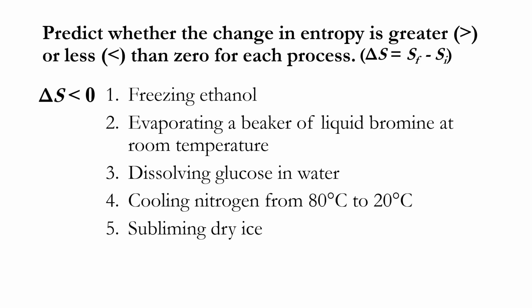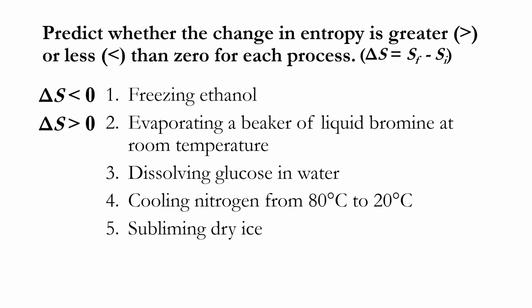Because the final state, solid, has lower entropy than the initial state, which is liquid. Let's have number two, evaporating liquid bromine at room temperature. So evaporation is the process. The initial state is liquid, the final state is gas. So the final state has higher entropy than the initial state, and therefore subtracting the two, you will have a change in entropy that is greater than zero, or positive.